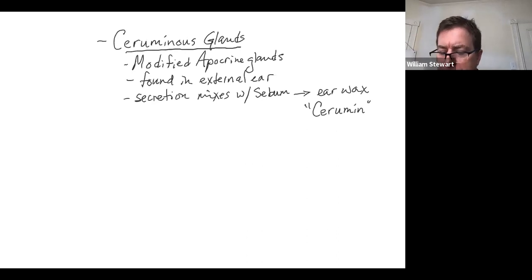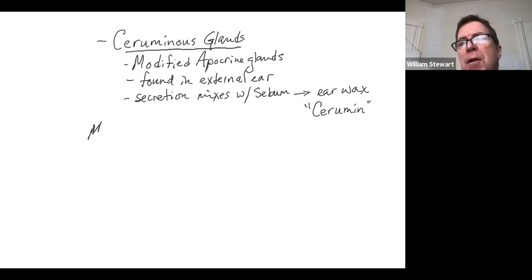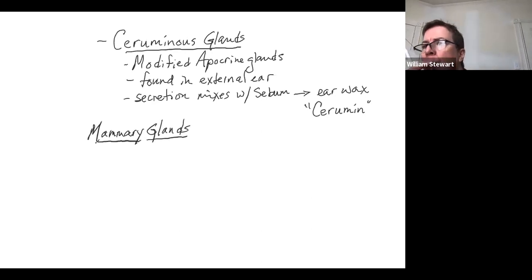And finally, before I get to sebaceous glands, I am going to just mention mammary glands. I'm not going to talk a lot about them because in your textbook, mammary glands are covered in great detail when we do the reproductive system very late in A&P2. So these are just specialized sweat glands that secrete milk in mammals.